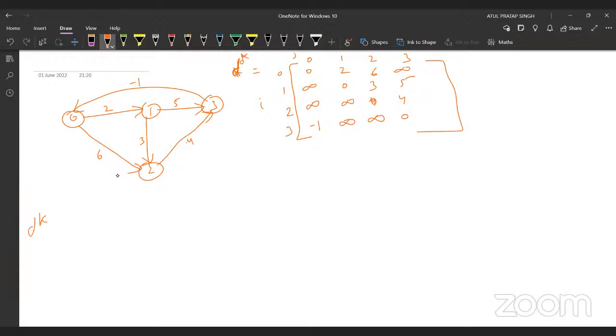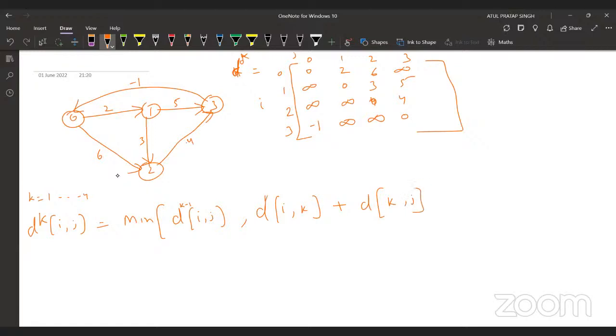So D superscript K, with K from 1 to 4, at i comma j equals min of D at i comma j in the matrix of K minus 1, comma D i comma K plus D K comma j.